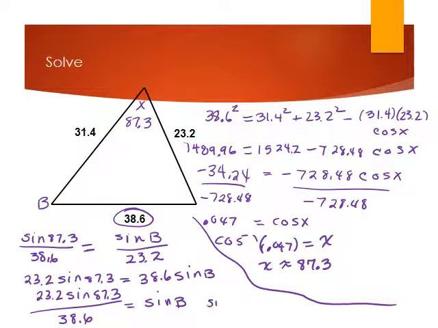So the sine of b, if I simplify that, is equal to 0.595. And then b, using my inverse sine, is equal to 36.5. And then to find my third angle, we use the third angle theorem, and we know that that's going to be 56.2. They all have to add up to 180 degrees. Okay, a lot of work for that problem.